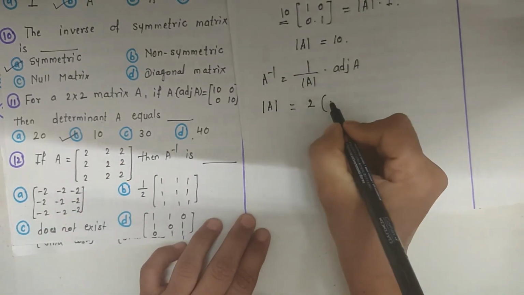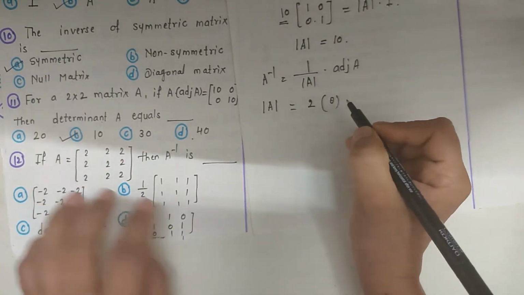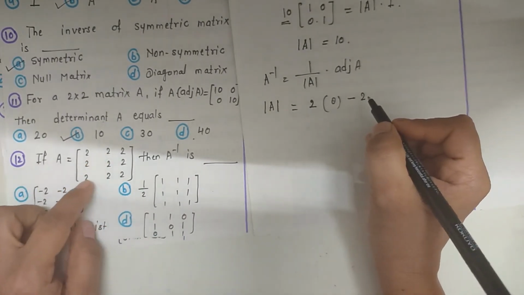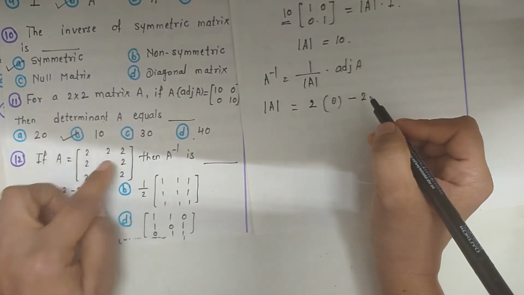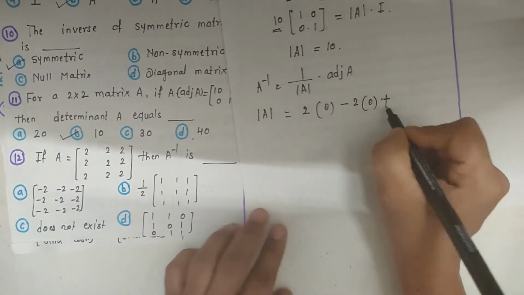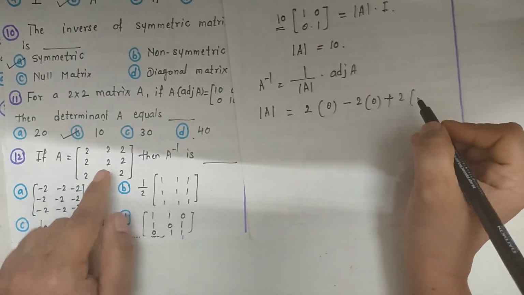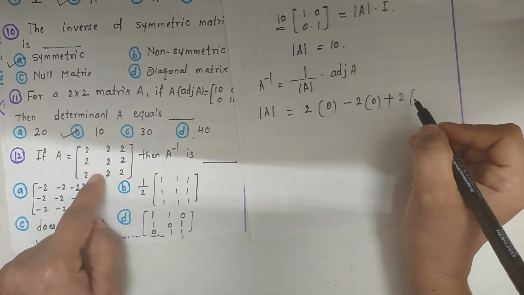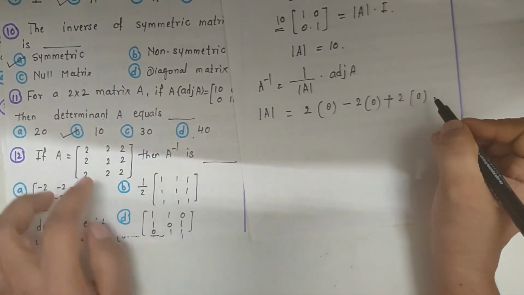2 minus 2 is 0, minus the second element 2 and eliminating the row and column of that element, then 2 minus 2 is 0, and plus the third element 2, also by eliminating the row and column of that element. The value of determinant is 2 minus 2, which is 0.